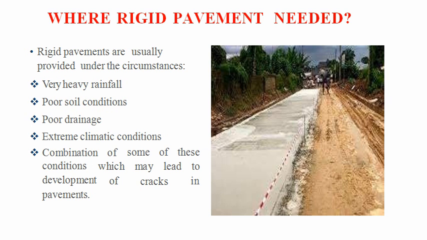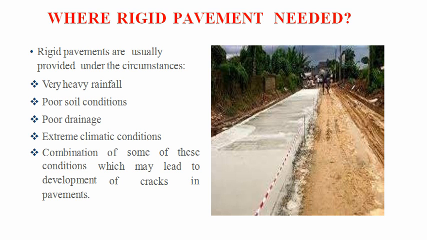Now, where are rigid pavements actually needed? Rigid pavements are usually provided wherever there is very heavy rainfall and the existing soil conditions in the area where the road has to be constructed are very poor.